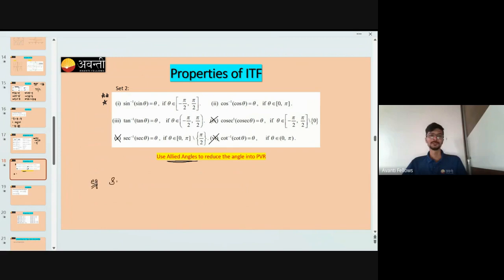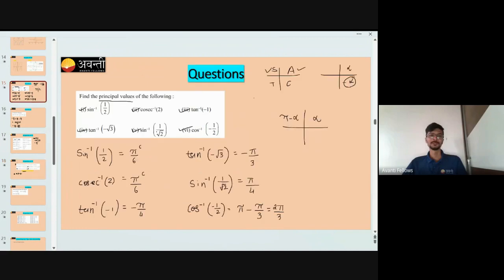If I write sine of pi minus theta, if you remember how we used to find the principal solutions, we did two steps: decide the quadrant and decide the angle.